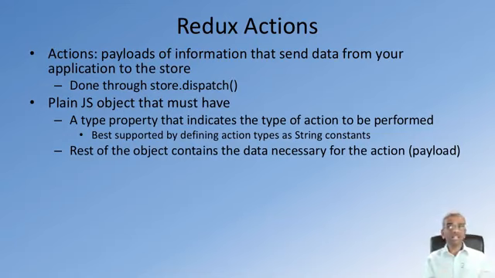You will specifically notice that there will be a type field specified for each action. The easiest way of specifying the type field is to create a set of string constants called action types, and then make use of them when you define the various actions within your React and Redux implementation.